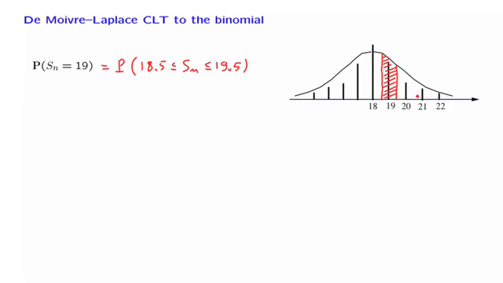Similarly, if we wanted to calculate approximately the value of the probability that Sn takes a value of 21, we would consider the area under the normal PDF from 20 and a half to 21 and a half. So let us now continue with this approach. We do the usual calculations, which is to express this event in terms of standardized values.